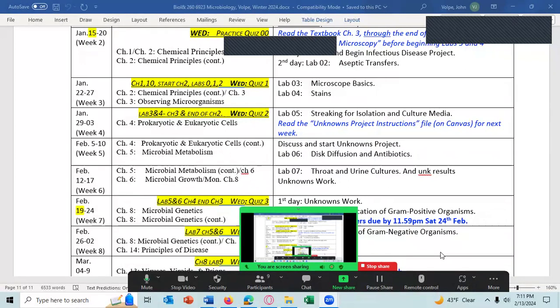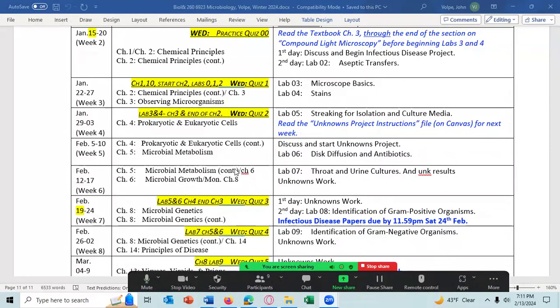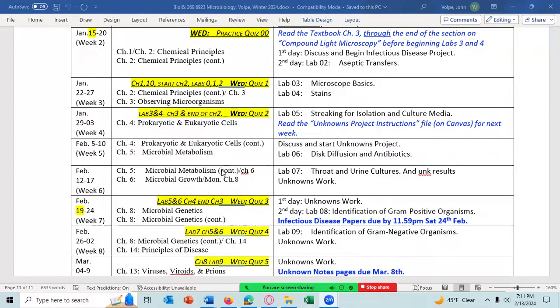So this is the new schedule, and we don't have a quiz tomorrow. Quiz 3 is going to be postponed for 1 week because it's covering lab 6, and I don't have that graded yet.